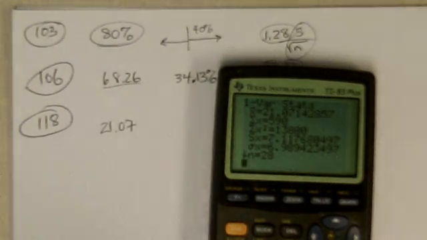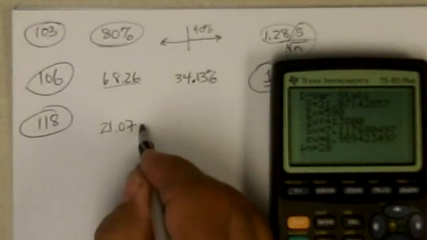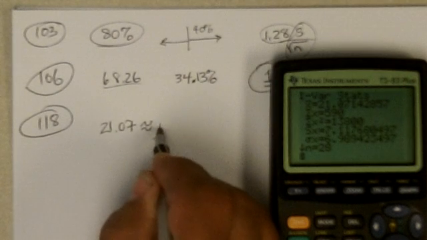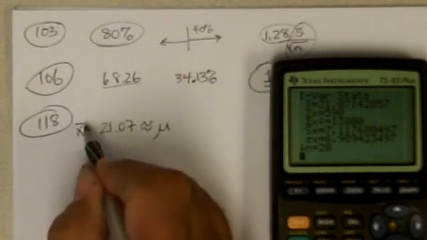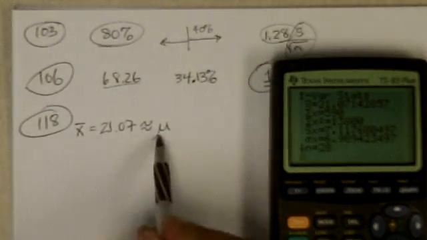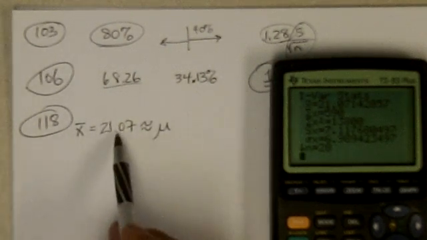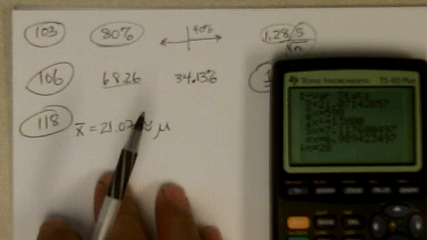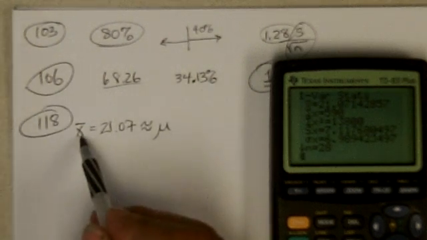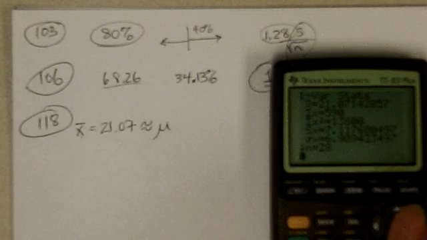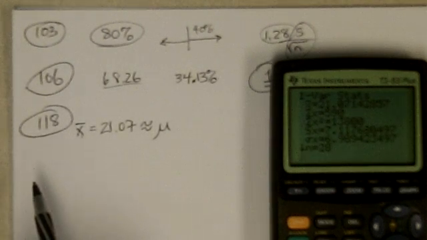21.07, which we think is approximately the population mean. The sample mean was this. We think the population mean is similar, but we can get a confidence interval, and they said for a 95% confidence interval, which means you go 2 standard deviations out.